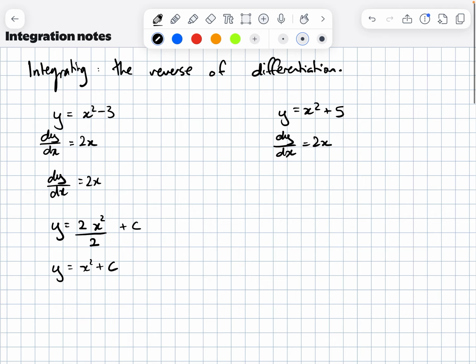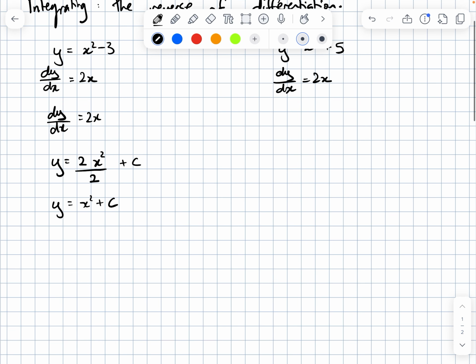Now, to work it out, we need to know a point that this curve lies on. So let's just say the curve is touching the point (1, -2). So now we've got a point I can substitute into my equation and find c.